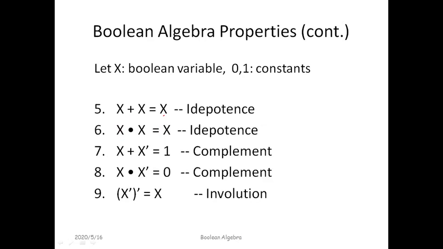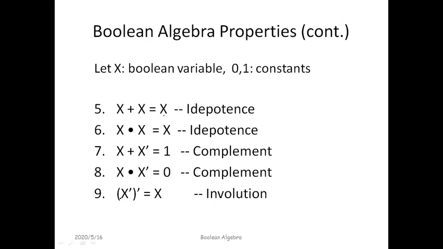If the inputs here are 0, 0, we expect the output to be 0. If the inputs are 1s, we expect the output to be 1. Then we come to the 7th. Whenever the inputs are different, we expect the answer to be 1. That is for the OR operation. Whereas for the AND operation, whenever the inputs are different, we expect a 0.